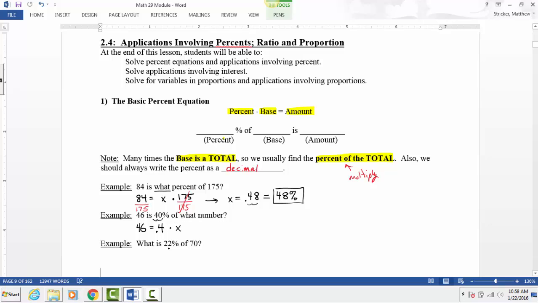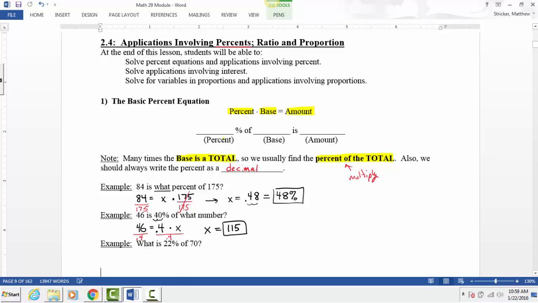X. So 46 equals 0.4 times x. And again, we want to divide. So this time we're going to divide by 0.4 on both sides. Again, try this in your calculator. 46 divided by 0.4, that's 115. So we get x equals 115.